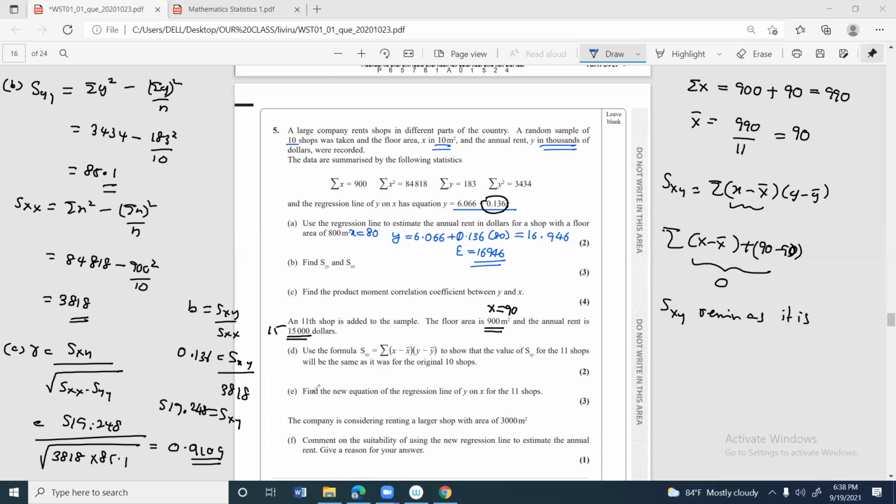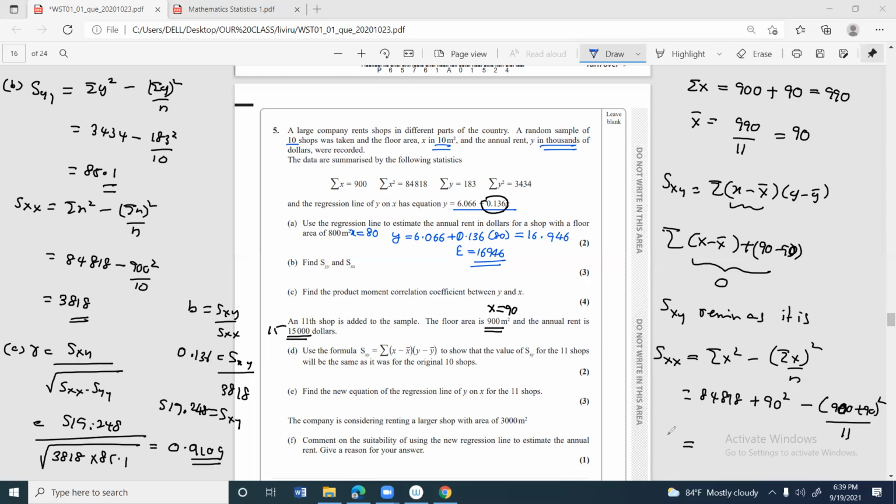Okay. Then we are asked to find the new equation of the regression line y on x with the new shop. So we can say Sxx is how much? You can say summation of x squared minus summation of x all things squared divided by n. The initial summation of x squared is 84,818 plus another x squared should be added. The new x is 90 squared, minus the summation of x, at the beginning 900 and another 90 is added, squared, divided by 11.